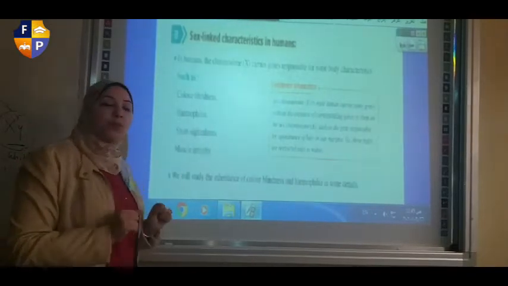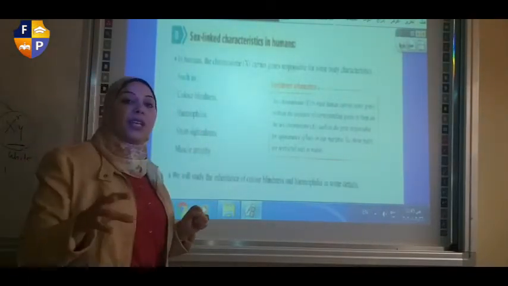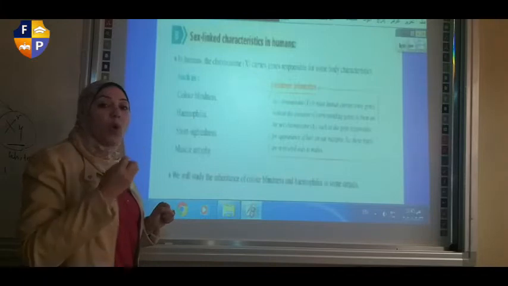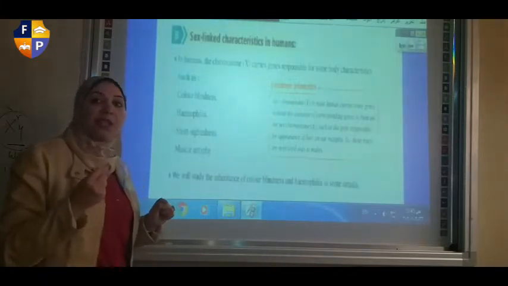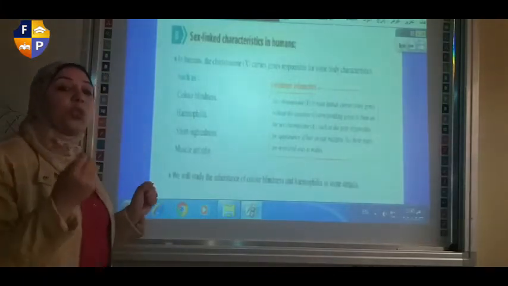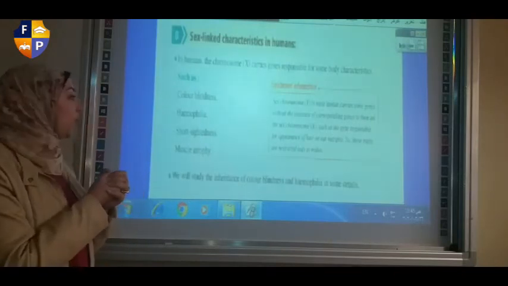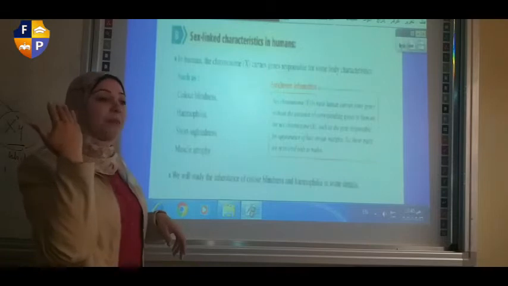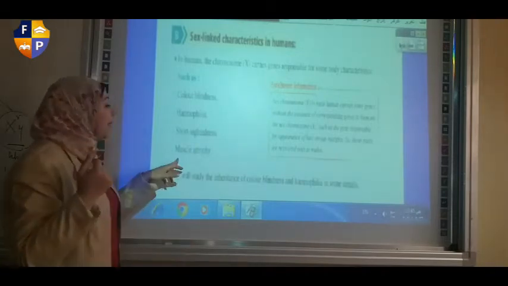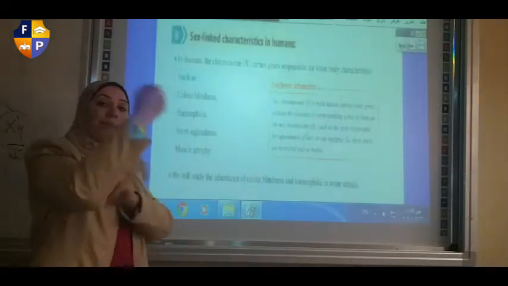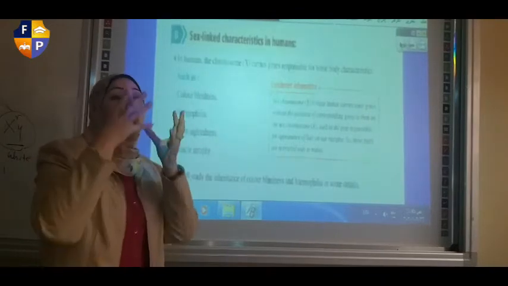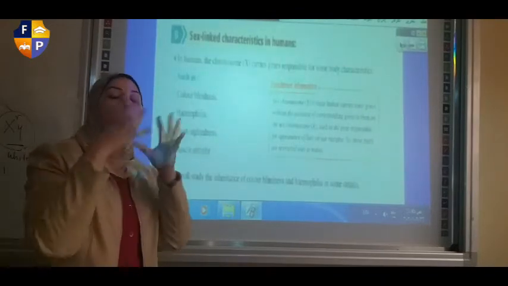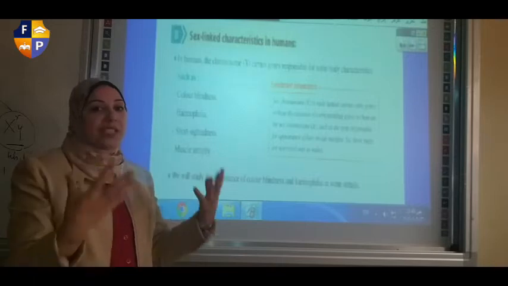What is meant by hemophilia? It is blood liquidity, the inability of blood to coagulate due to absence of some substances which help in coagulation of blood. And short-sightedness, which we studied before in Prep 3. And muscular dystrophy. What is meant by muscular dystrophy? It is weakness of muscle, inability to control the contraction and relaxation of muscles.